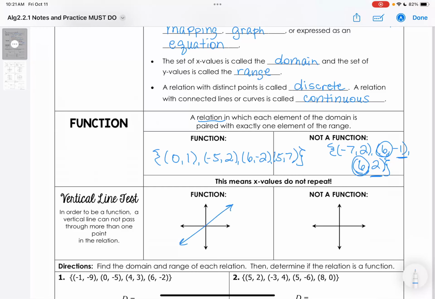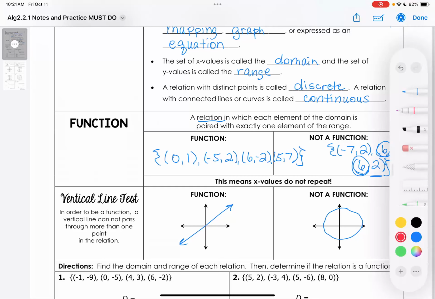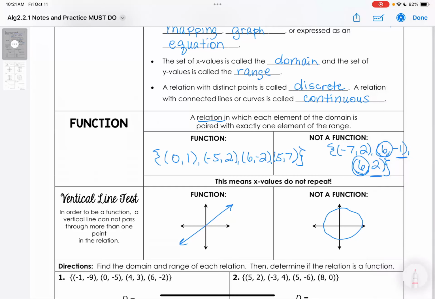This one's not a function. And let's look at y. If we put a vertical line through here, that's 1 point, and it does not cross any other. But if we put a vertical line here, it crosses here and there, not a function because it has 2 points.